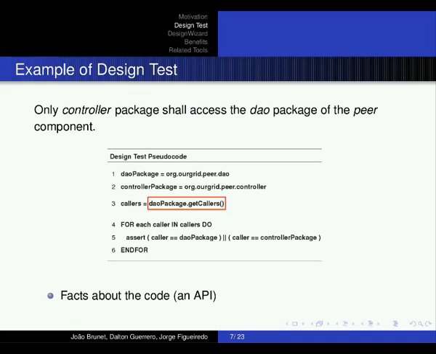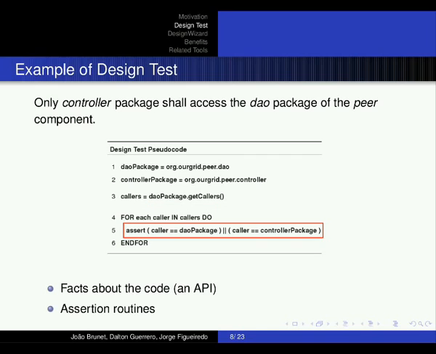After that, I have to assure that the entities that call DAO package are only from controller package or the own DAO package. So I will need certain routines. Then I need two components here, a fact extractor API that will give me information about the code and a testing framework that will provide me assertion routines.